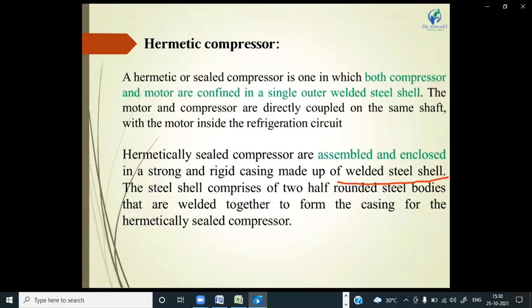The steel shell comprises two half-rounded steel bodies that are welded together. One is the top side of the compressor and the bottom side is the base, where the motor is mounted, and here is the compressor coupled with the single shaft. This portion has a highly sealed valve, hence the hermetically sealed compressor.